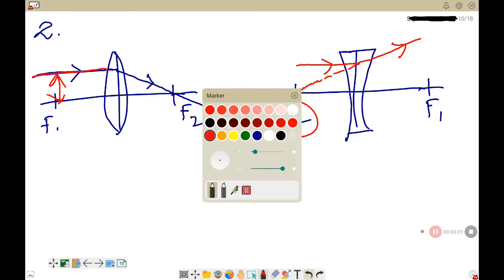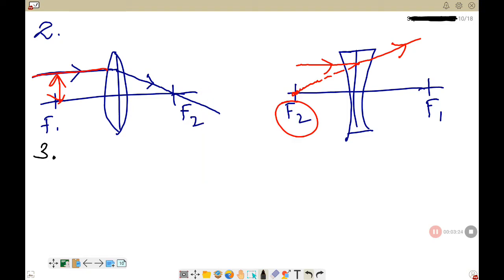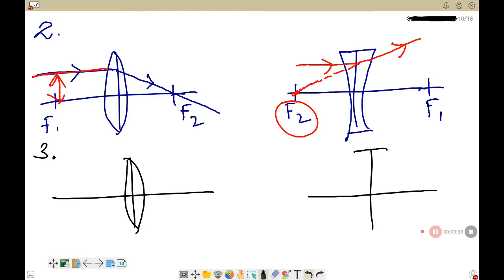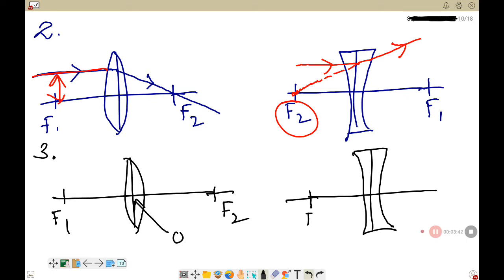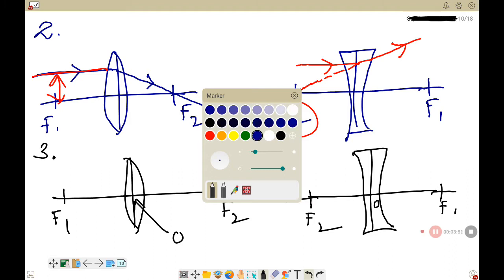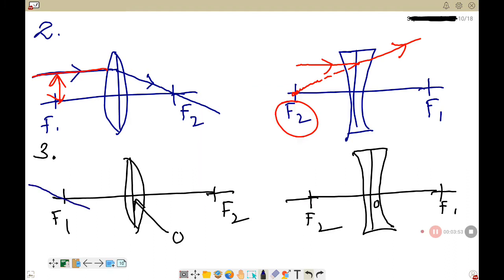Now let me draw the third ray here on the same page. So I'm going to draw the lens here. This is my convex lens and here I have my concave lens. This is my optical center O. This is my first focus, this is my second focus. Here I have my second focus and here I have my first focus, and this is my optical center O. Now the third ray is the ray which is passing through the focus.